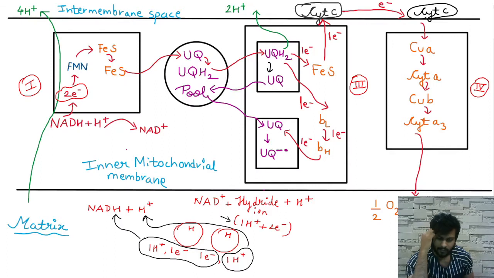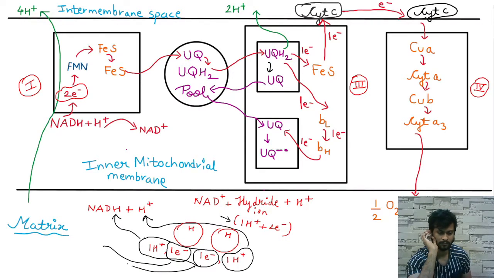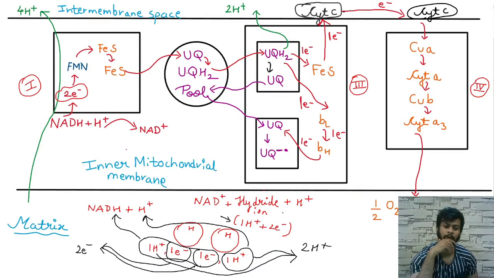So now you can imagine that after the oxidation of NADH molecule, two electrons are released, and two H plus ions are also released. So two H plus ions will be released in the matrix.